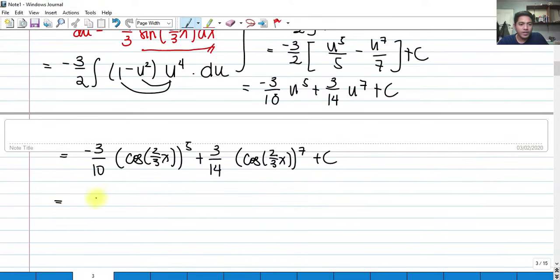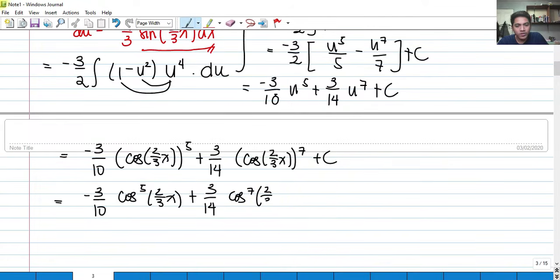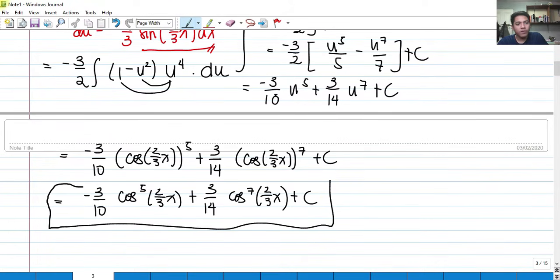In other words, we can rewrite it as negative 3 over 10 cosine raised to 5 of 2/3 x plus 3 over 14 cosine raised to 7 of 2/3 of x plus c. And this should be our final answer for this given integral.